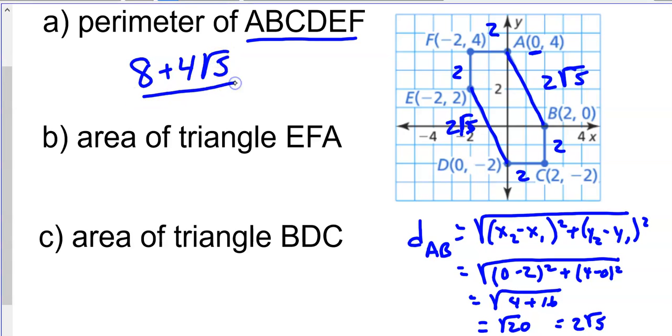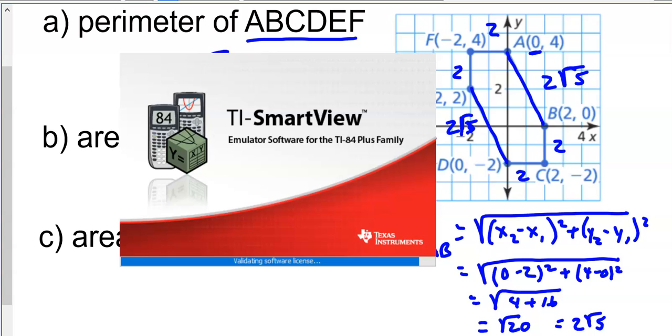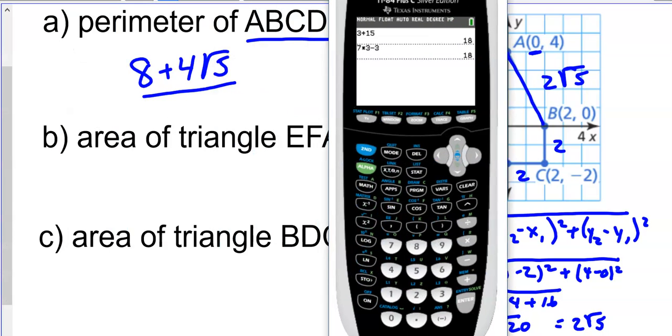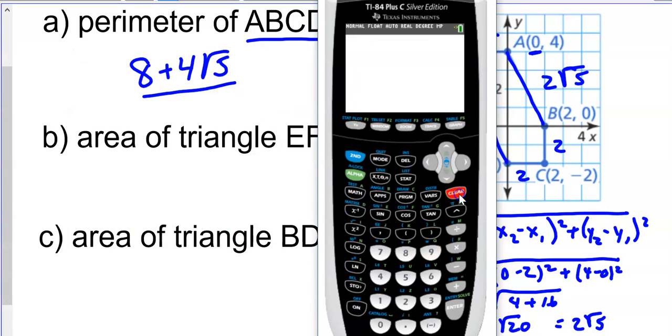Now this is an exact form. Please follow directions. If I say exact form, I would want a simplified radical. If I say round, then I would go ahead and plug this into my calculator, which I'm pulling up right now. If I don't specify, I will take either form. So in this case, let me go ahead and clear this out.